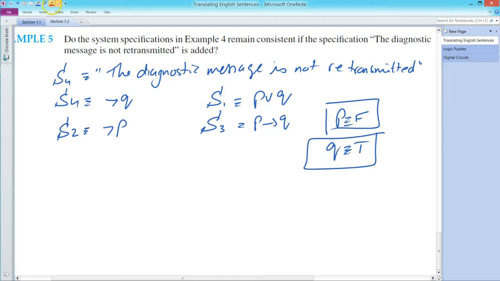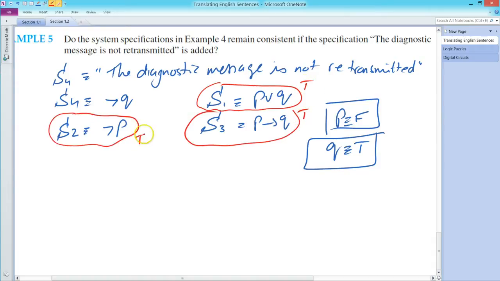Now let's see if these two values will also make statement number 4 to be true. And of course you can see that since Q is already known to be true, then we have S4, which is equal to not Q, is false. This means statement number 4 is false no matter with this value of Q and with this value of P.